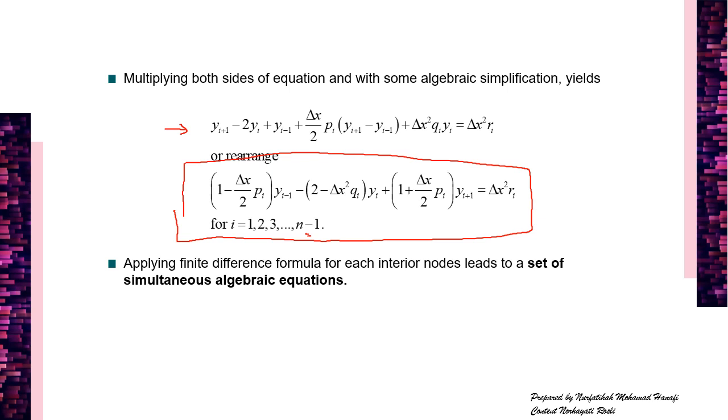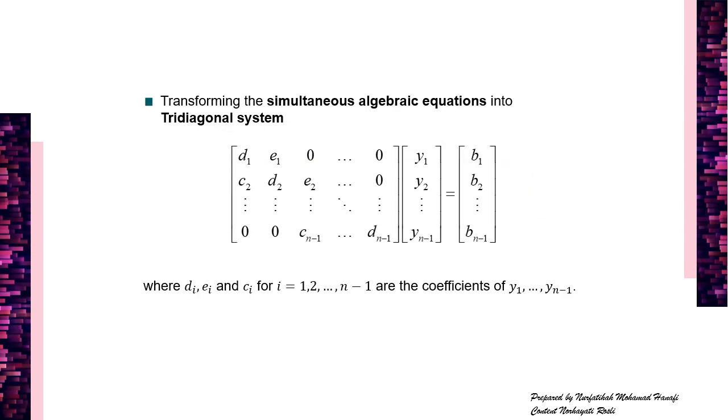Applying the finite difference formula to each interior node leads to a set of simultaneous algebraic equations. Then, after we have several simultaneous algebraic equations, we transform them into matrix form, where the matrix is a tridiagonal system. Okay, so this is the matrix.